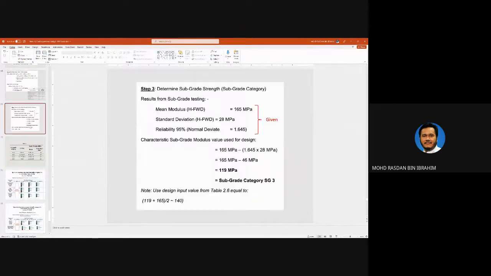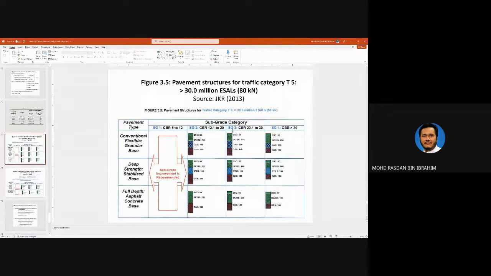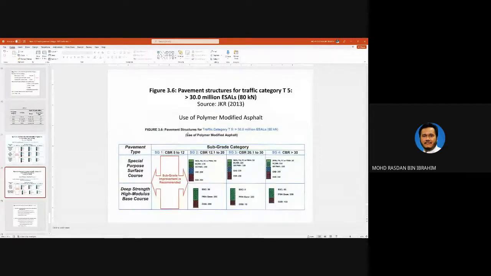All right, so what was it? T5 SG3. First option here. T5 SG3. You can use either this, or this. First three options. Or you can use polymer modified asphalt 35 SG3. You can use this and this, or this. Okay, this one is very thin, but this is a polymer modified base, 220 thickness.